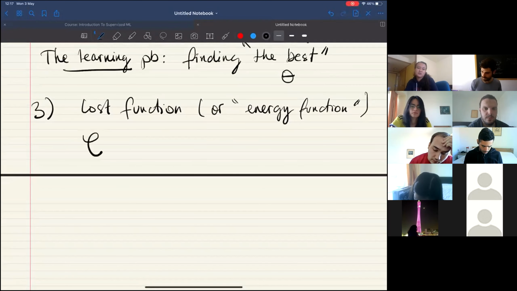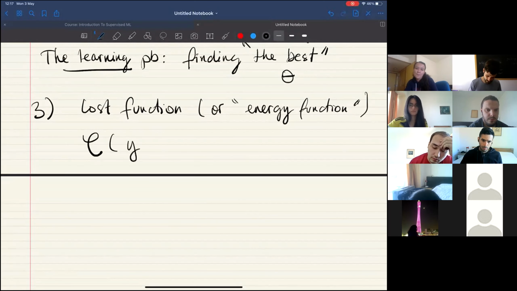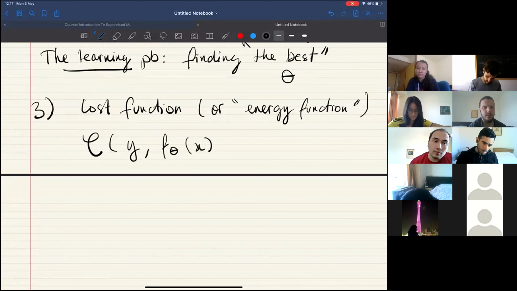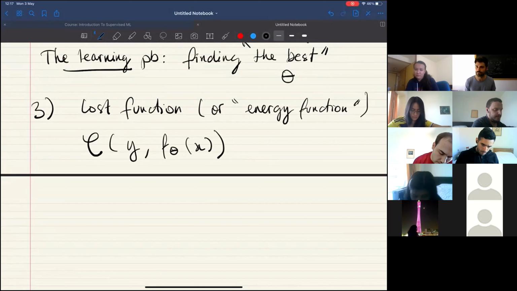So the cost is some function that depends on a label and your model applied to the associated input. When I don't write any index for X and Y, it means the associated pair of X and Y. The X here is the input that goes with the associated Y, where Y is the label and X is the input.